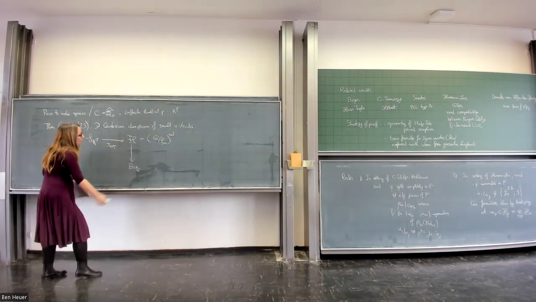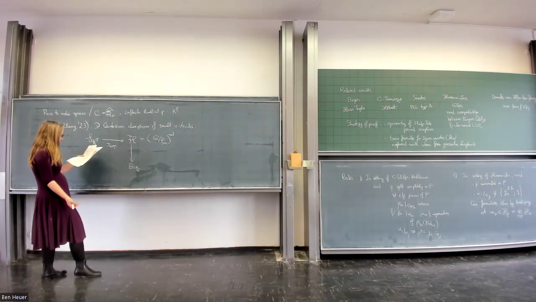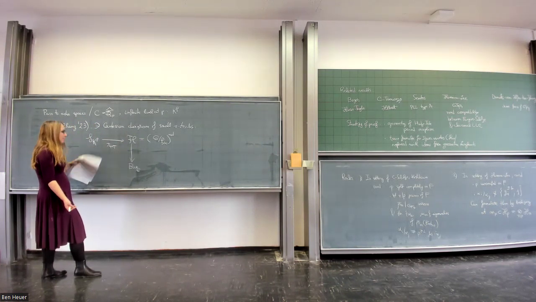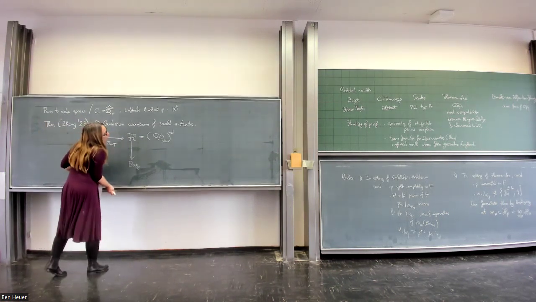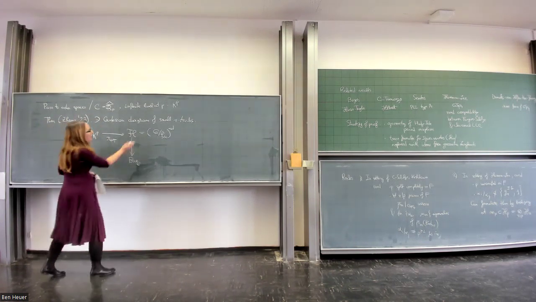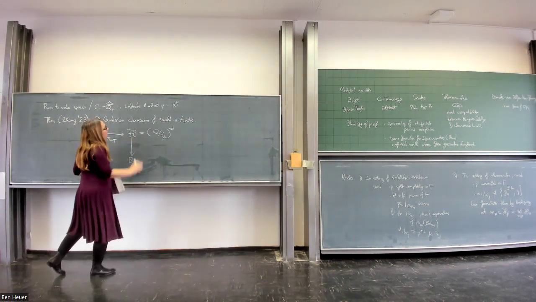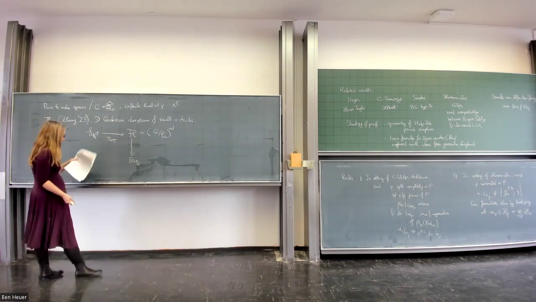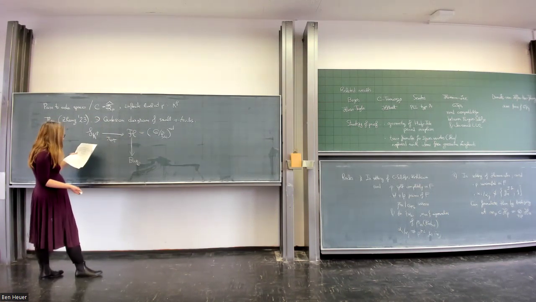That's what gives this map. And it's a map that is l-cohomologically smooth. So if I quotient out by the level at p, it's l-cohomologically smooth. So it's not too bad, I guess, as a map.